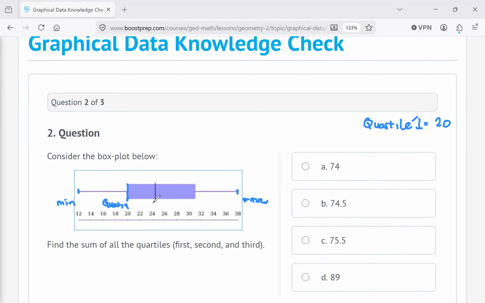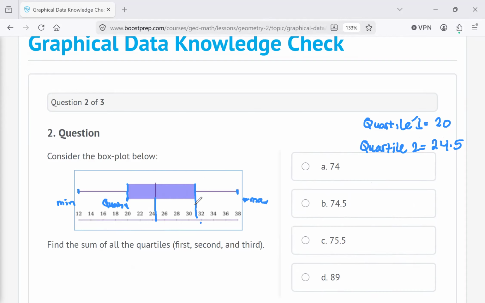And then do you see this 24 here? Or not 24, it's about 24.5. That would be quartile two, about 24.5. And then this vertical line right here, it's not 30, it's really close to 30 because this is 32, so it should be around 31.